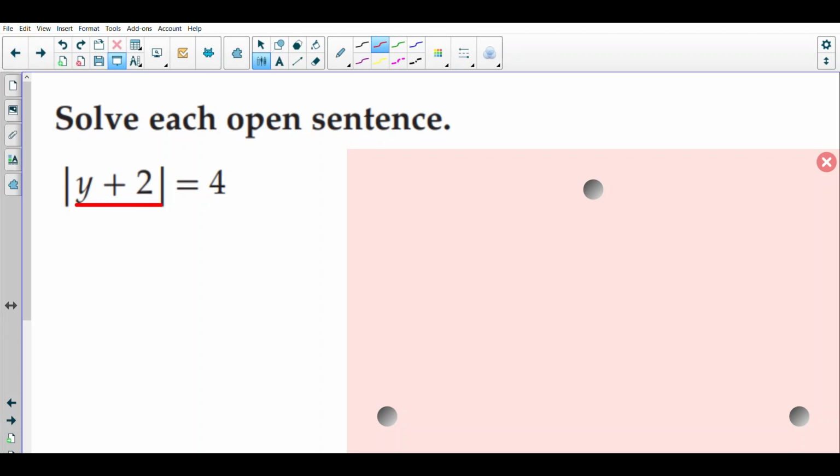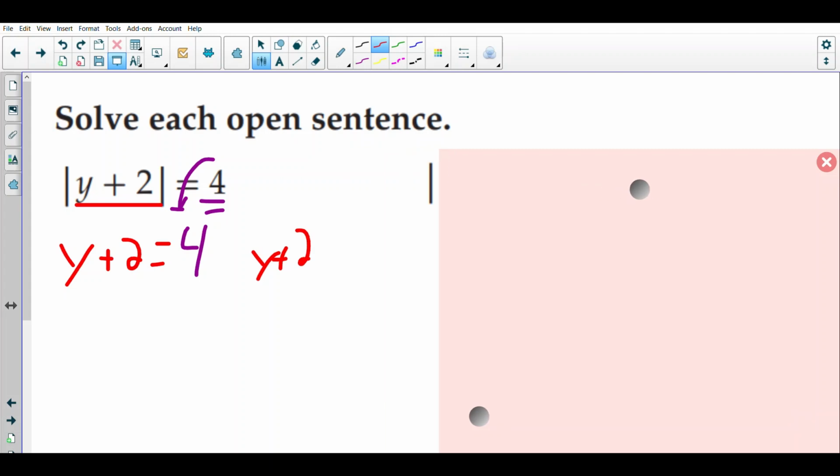So it could be y plus 2 equals positive 4, or y plus 2 is equal to negative 4.